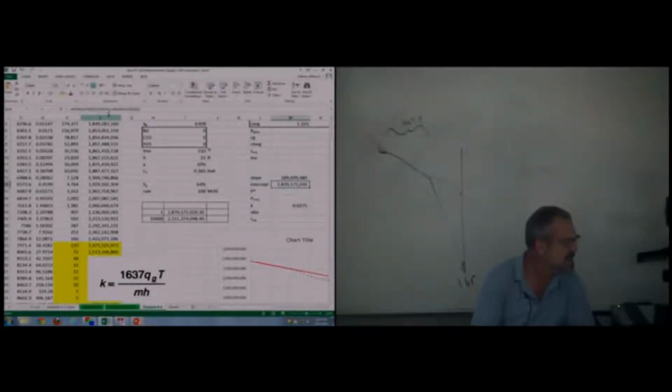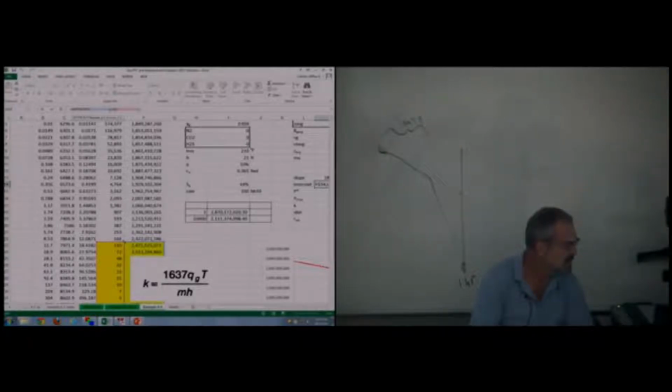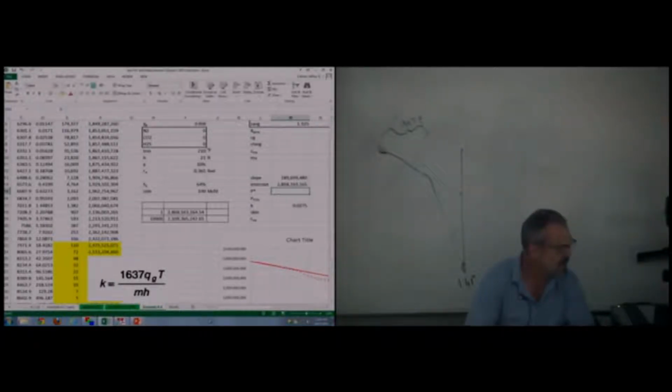Remember, you can always make these adjustments. I do it all the time when I'm doing an analysis. Okay, now I've got an extrapolated P star, but it's in terms of pseudo pressure.